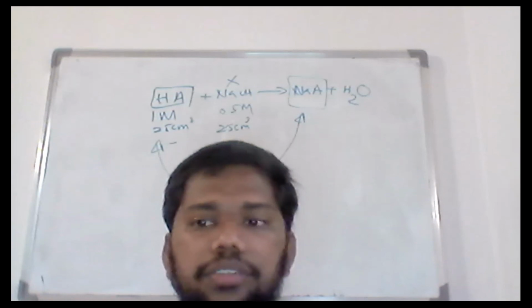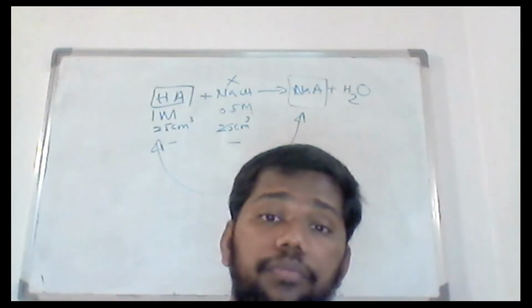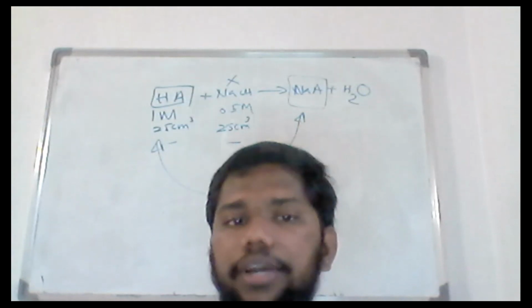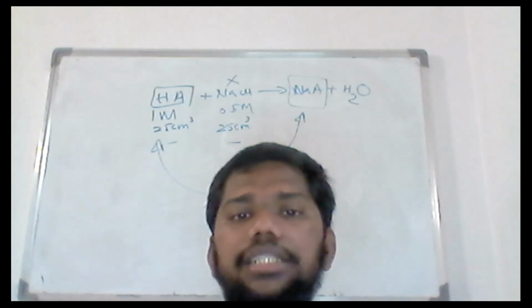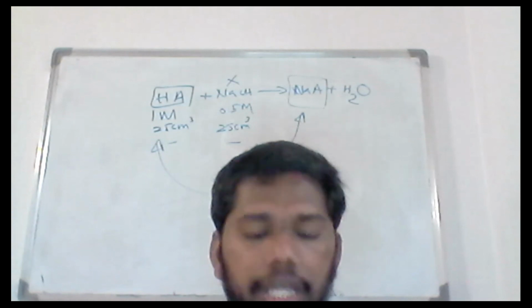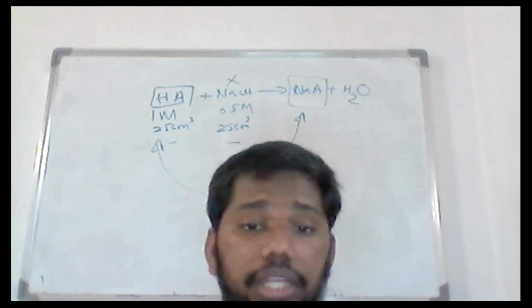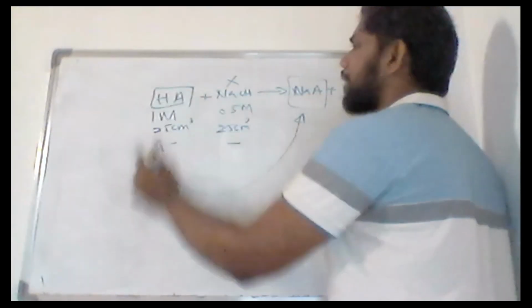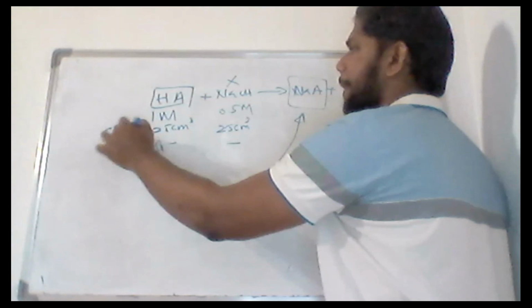Yeah. So you can see weak acid, and a part of the weak acid, the conjugate base, is remaining here, right? So primarily, this is a buffer solution. And you can directly use the Henderson-Hasselbalch equation here. According to that, this is the initial.